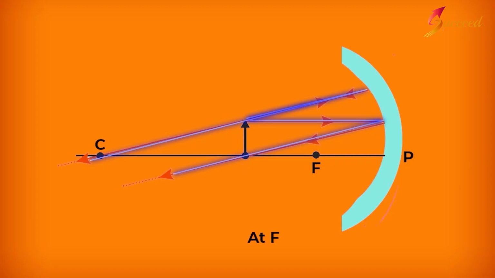These lines never meet in front of the mirror, but when we extend them behind the mirror, they meet at a point, and this is the point where the image is formed. The nature of the image is virtual and it is erect. It is enlarged when compared to the object. The formation of the image is behind the mirror.